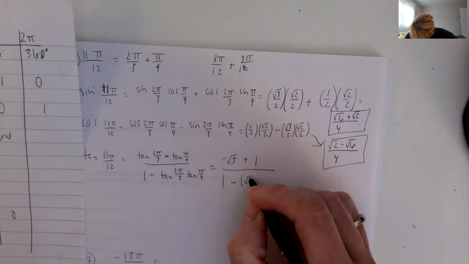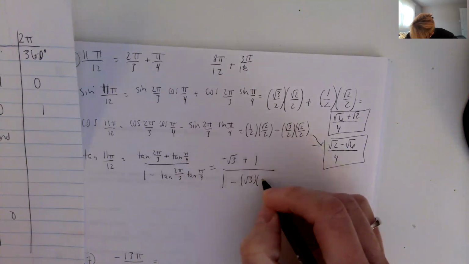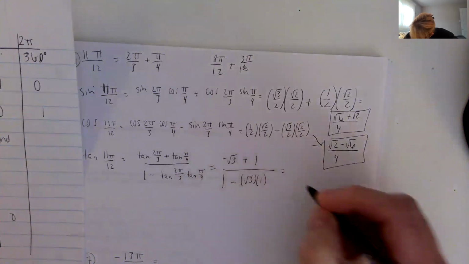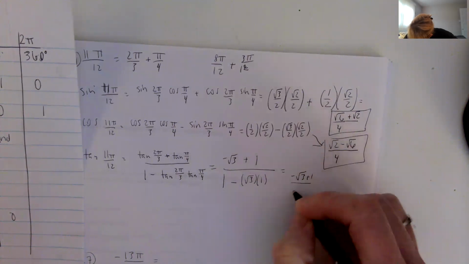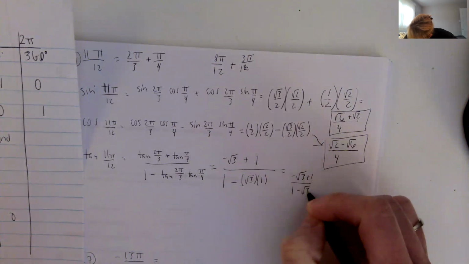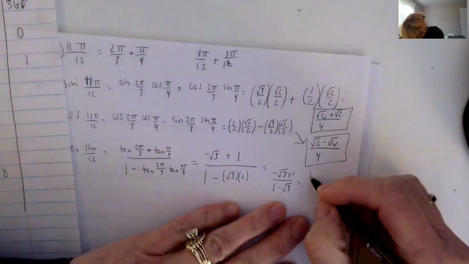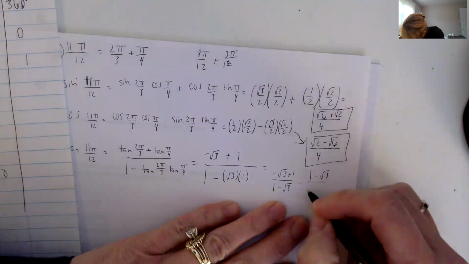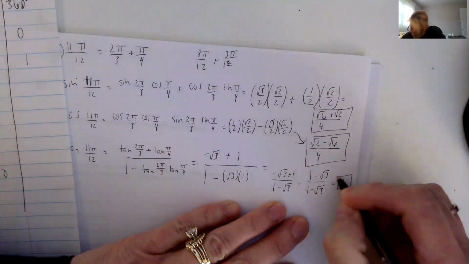So square root of 3 times tangent of pi over 4 is 1. So this becomes negative square root of 3 plus 1 over 1 minus the square root of 3. And the numerator can be rewritten as 1 minus the square root of 3 over 1 minus the square root of 3, and that simplifies to 1.